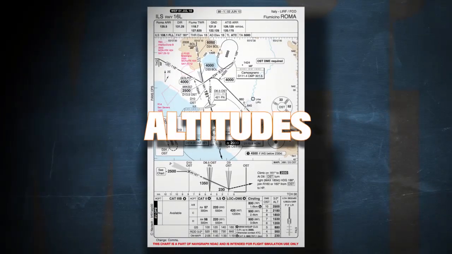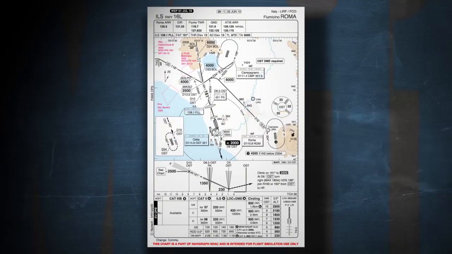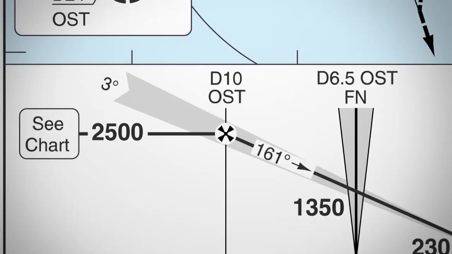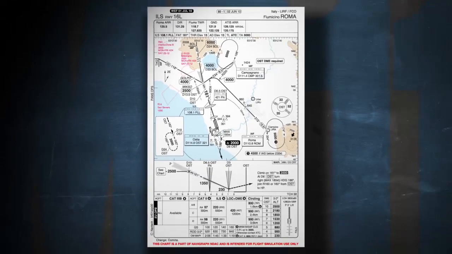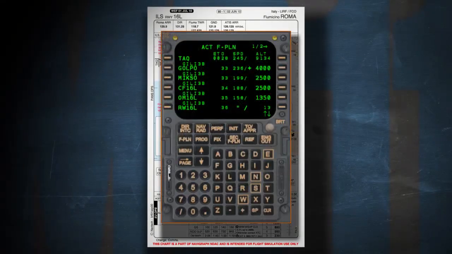Altitudes. The first effective hard altitude restriction on the approach is at the final approach fix, 10 DME from the Ostia VOR. GULPO and MIXO have minimum restrictions of 4,000 and 2,500 respectively. When selecting the approach in the FMS, it sets automatically a minimum 4,000 feet restriction at GULPO and a 2,500 foot target at MIXO.